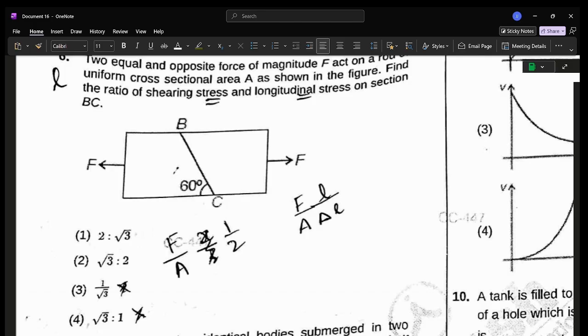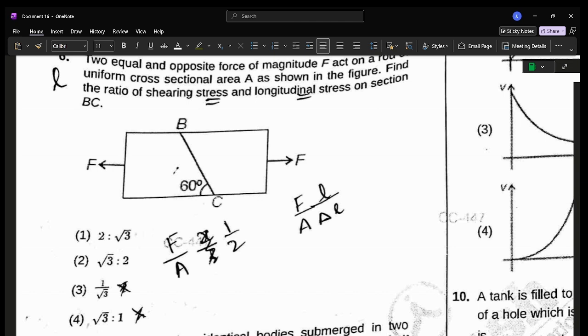Which is normal stress. Which is shear stress. Okay. What next?